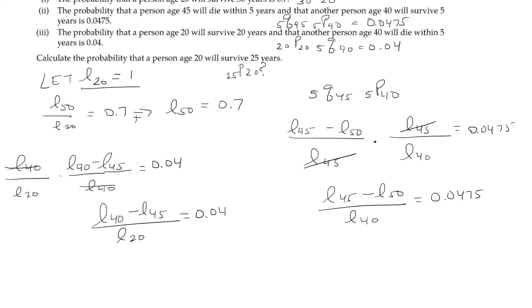I let L of 20 be 1, so I'm going to replace this with 1. So we get L40 minus L45 is 0.04. The other thing is that L50 is 0.7, so I can replace that.